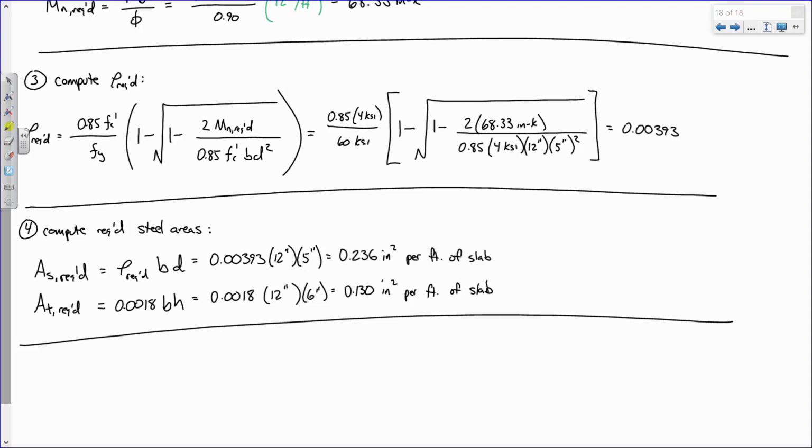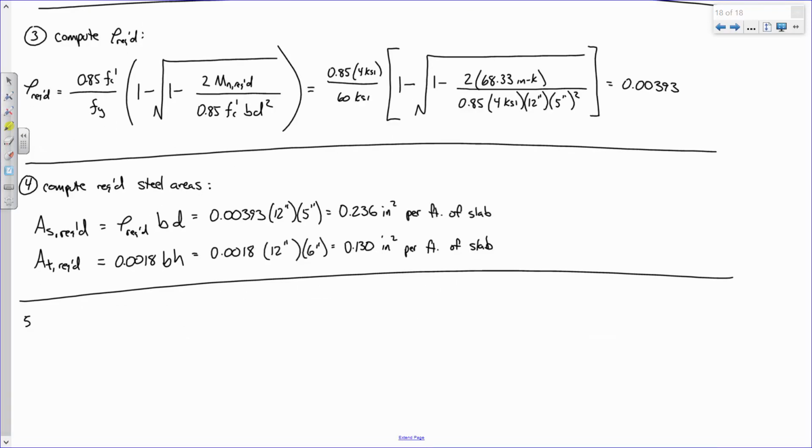Okay. Now, step 5 is to actually select the reinforcement. Now, in order to do that, the first thing I want to do is look at our main steel and our temperature steel and look at S max.